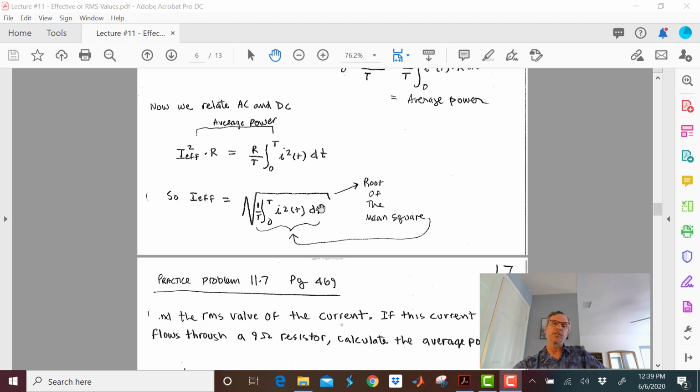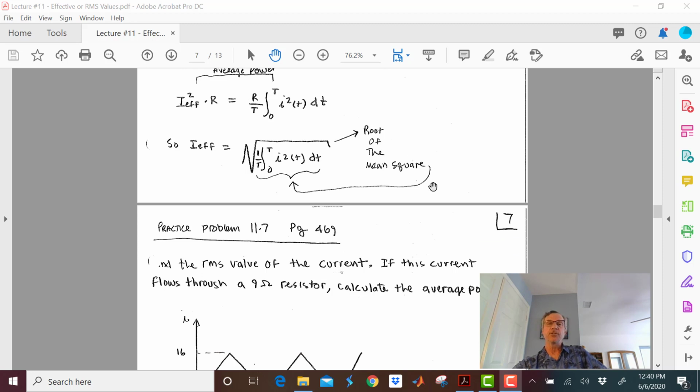So let's call I effective the root of the mean square, or RMS. And that's what we're going to be calling it. We use RMS so much, sometimes we even forget to capitalize it.